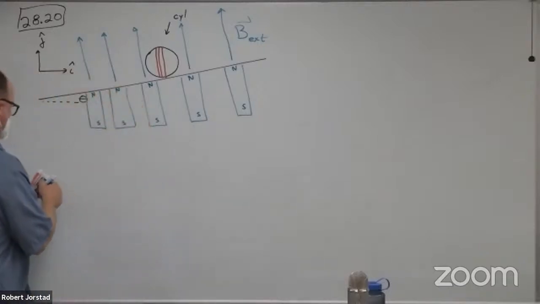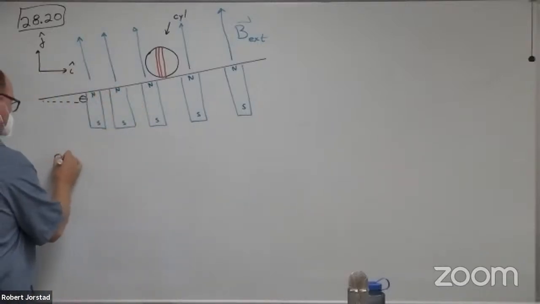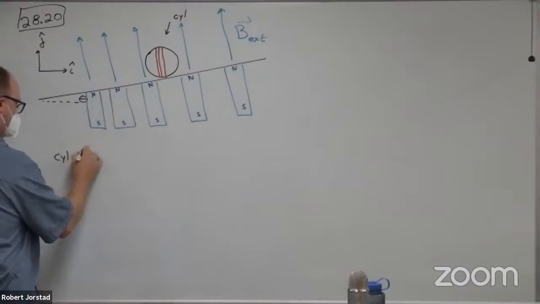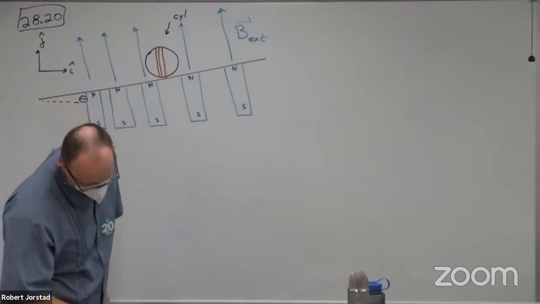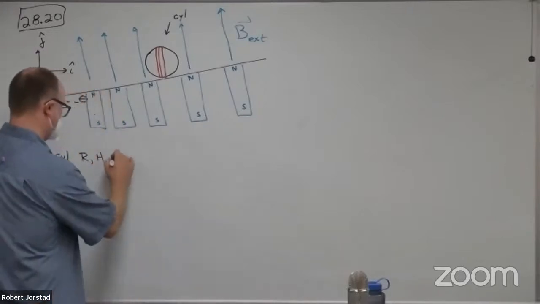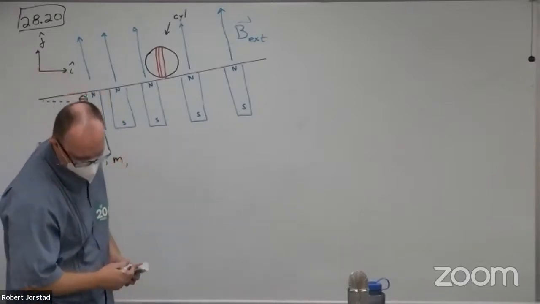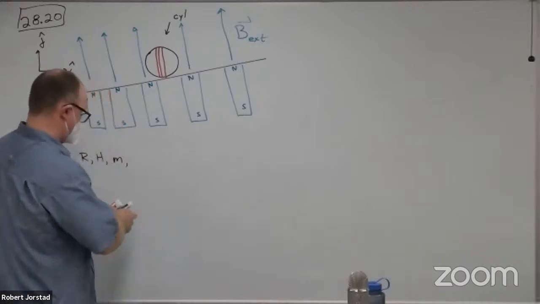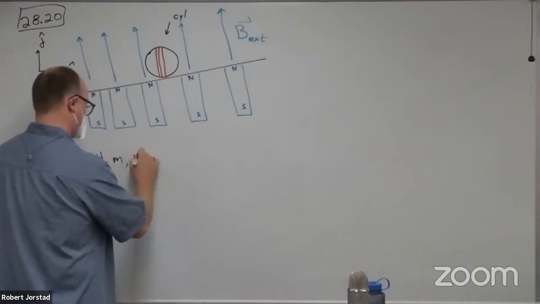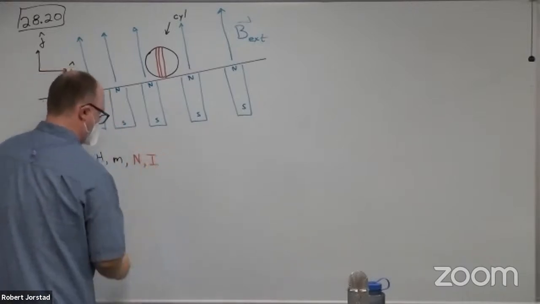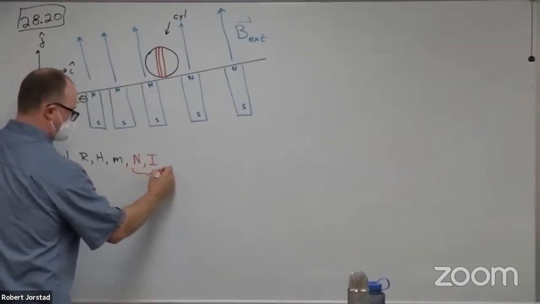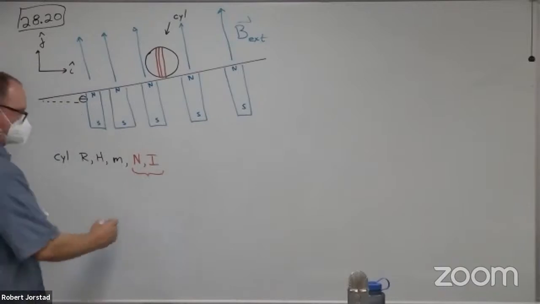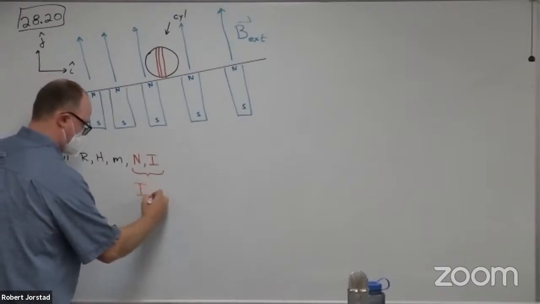So we know the cylinder radius, height. What else do we know? Mass. Do we know the number of turns of the coil? By the way, whenever you see this kind of thing, a quick way to think about it is, isn't the effective current just multiplied by N?